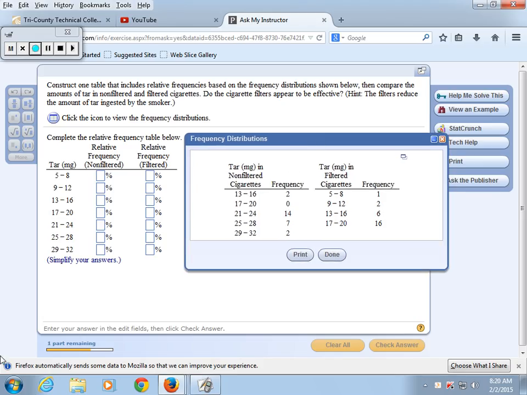So take a minute and copy the problem down. And of course, if you got your book, or if you've got the online homework printed out, you don't have to copy it. You can just do the numbers of your problem.